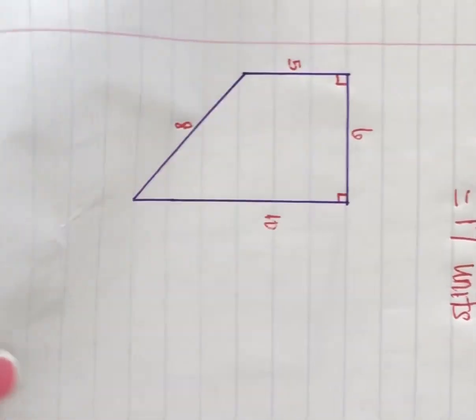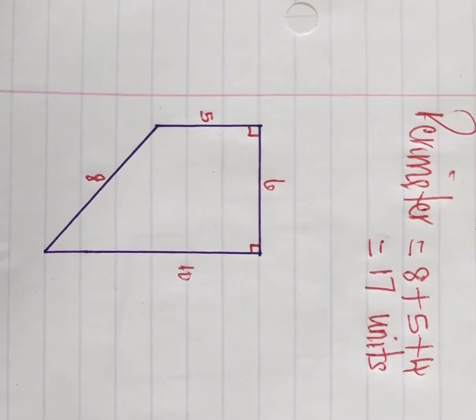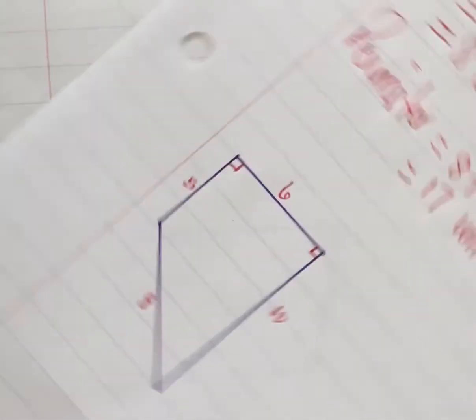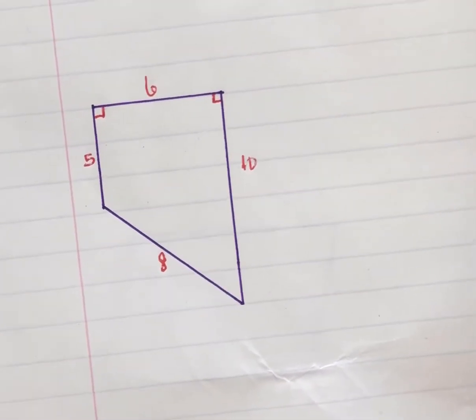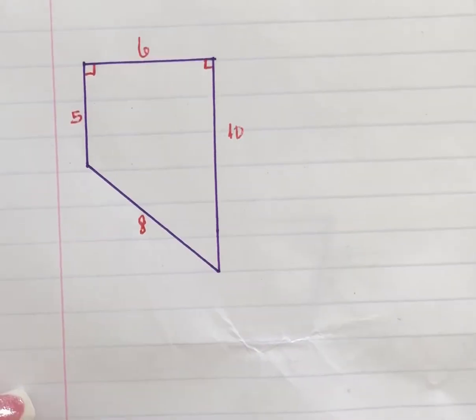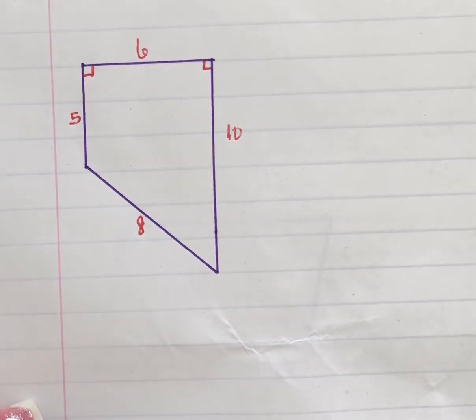If I'm to turn it this way, what shape do you see? Oh, all right. It's a trapezium. Some persons may say trapezoid. The two terms are used interchangeably, but they carry the same meaning.